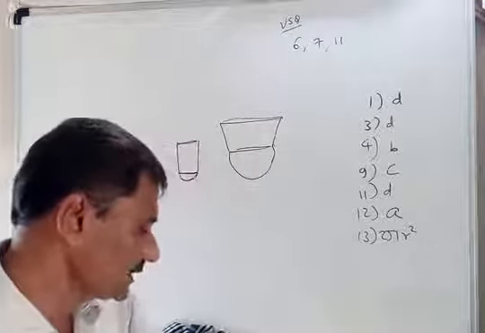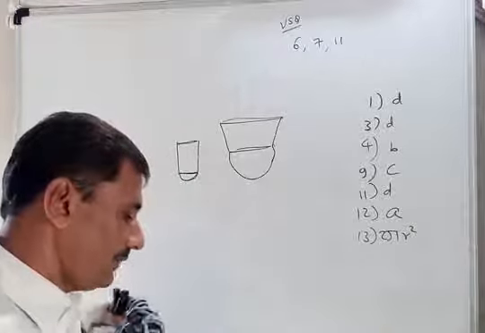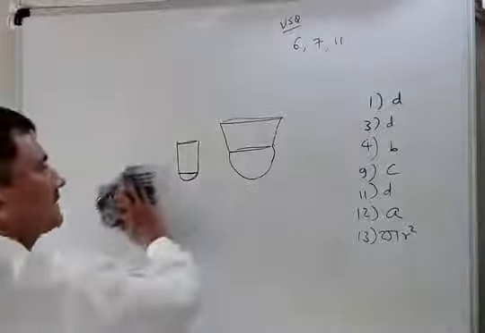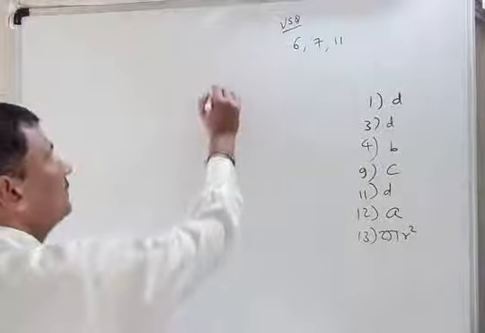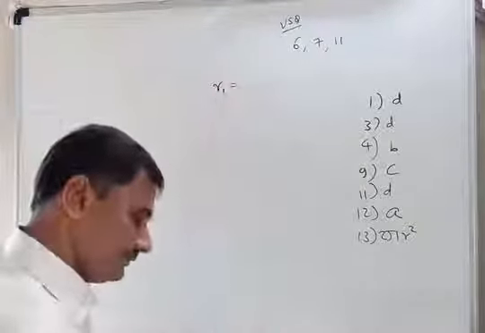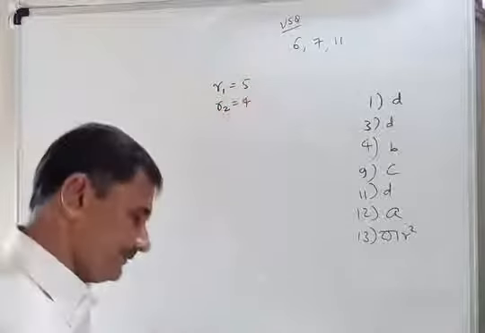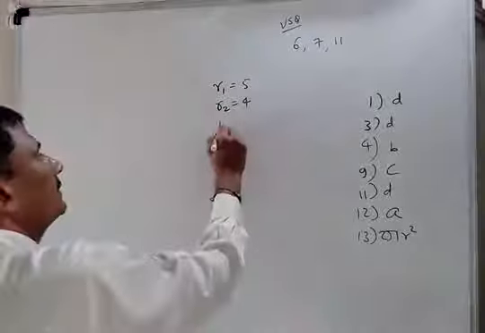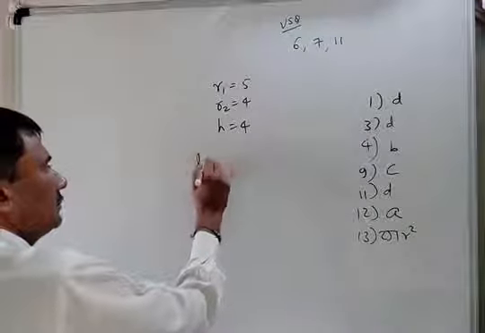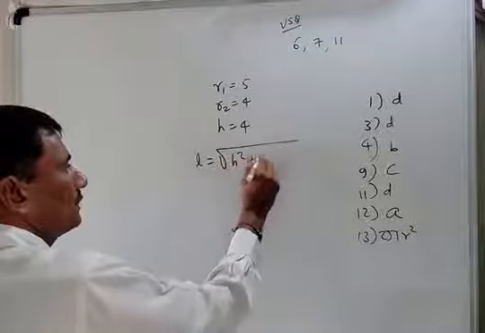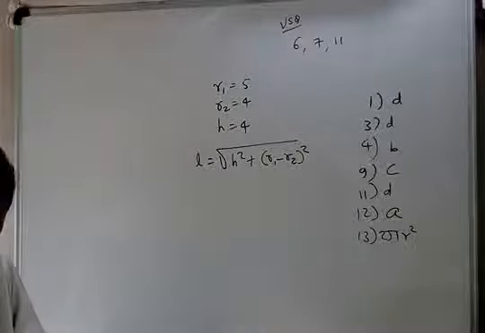Now 14 number. Slant height of frustum of cone if radii are 5 and 2 centimeter and height 4 centimeter. So means they have given R1 equal to 5, R2 equal to 2 and height equal to 4. What is this? Slant height. So slant height's formula for frustum of cone is this one. Just like cone, but here is R1 minus R2 in place of R. Okay.